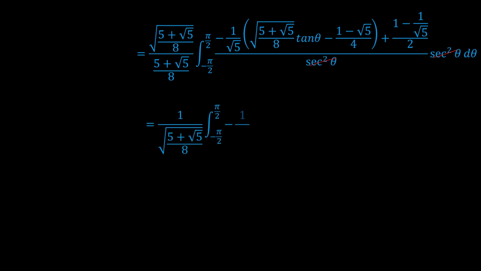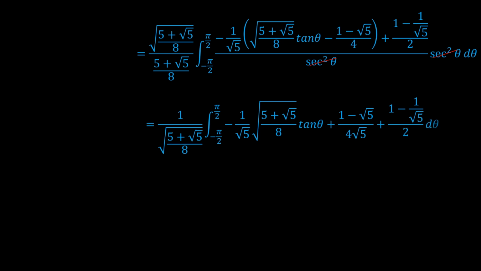Then after this division, we're left with 1 over root 5 times the square root of 5 plus root 5 over 8 times the integral from theta equals negative pi over 2 to positive pi over 2 of negative 1 over root 5 times the square root of 5 plus root 5 over 8 tan theta, plus, multiplying negative 1 over root 5 by this, 1 minus root 5 over 4, plus 1 minus 1 over root 5 over 2.